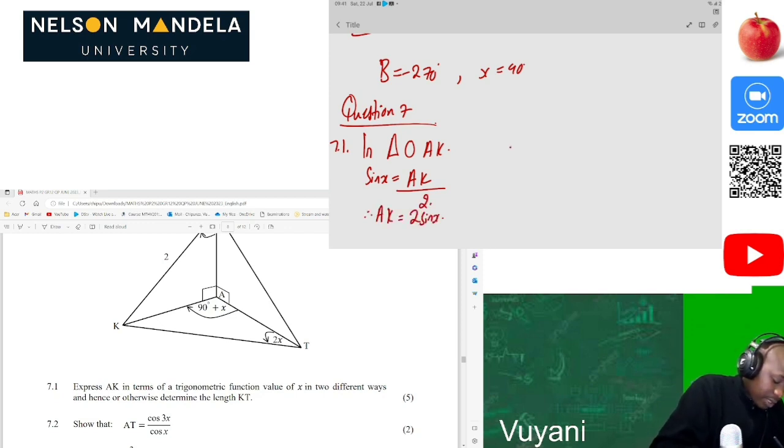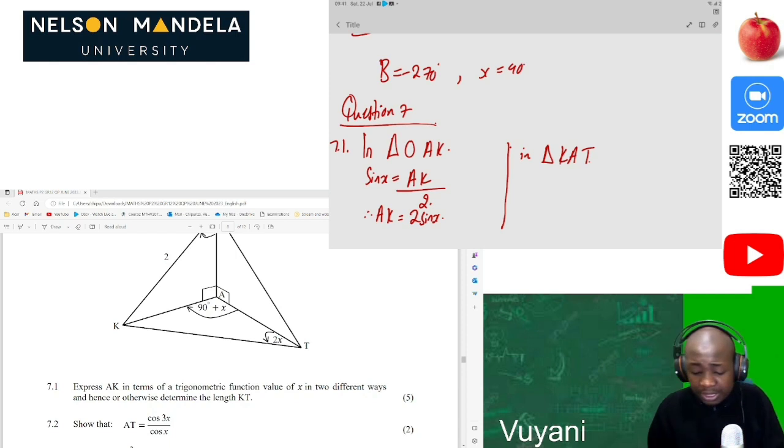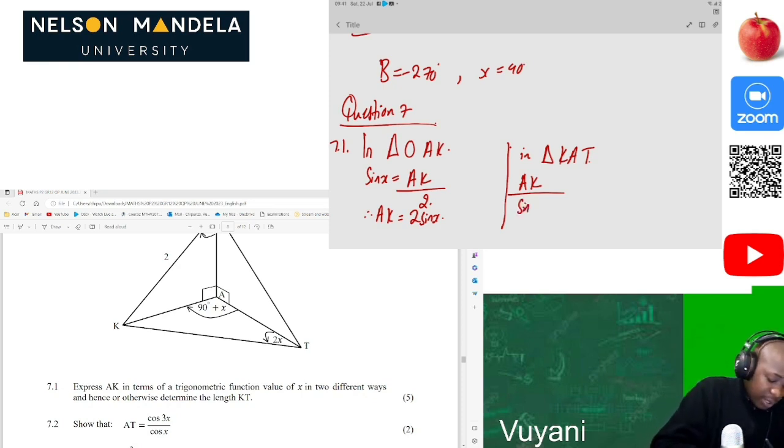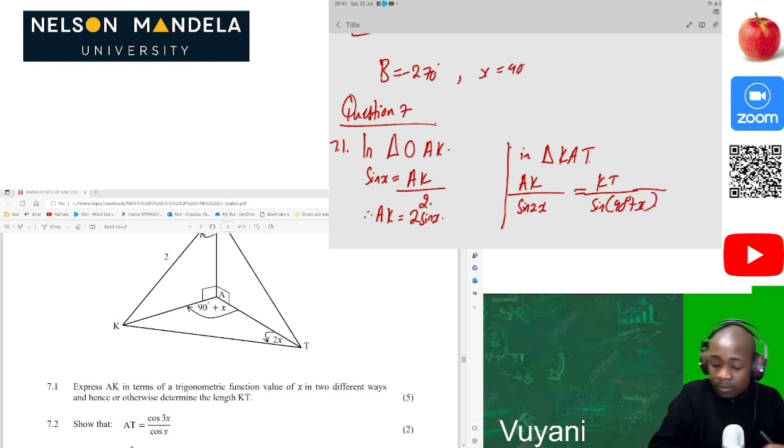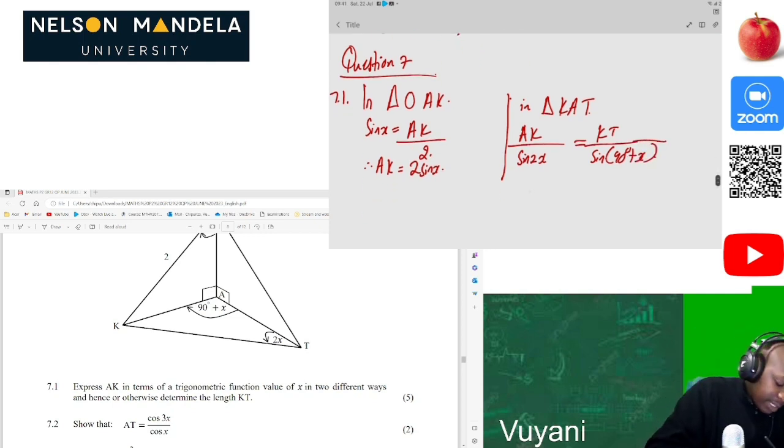Then also in triangle KAT, what do we see there? We can see that if we use our sine rule, it's going to be AK over sine of 2x is equal to KT over sine of 90 degrees plus x. And after that we can make AK the subject of the formula.